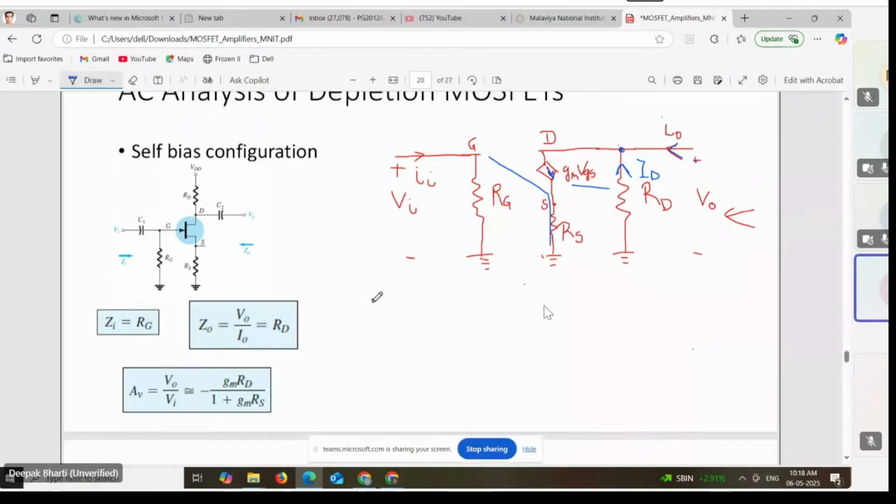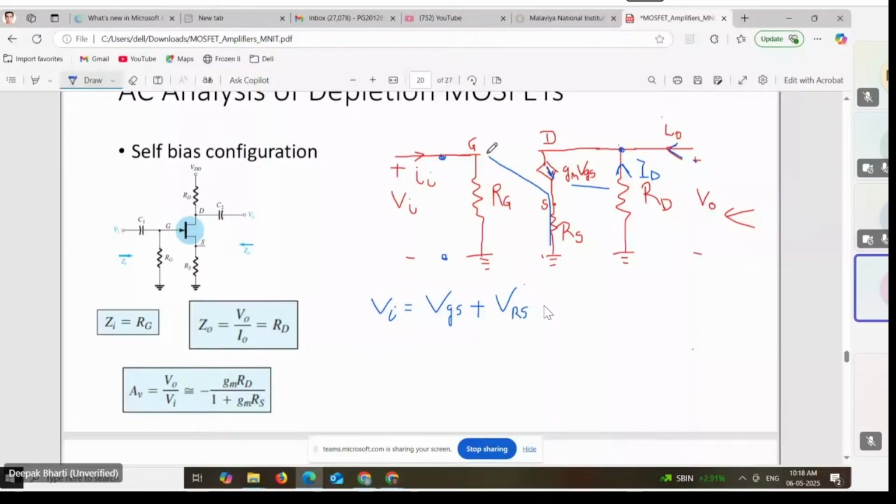VI is the sum of VGS plus VRS, the potential across this point and this point.